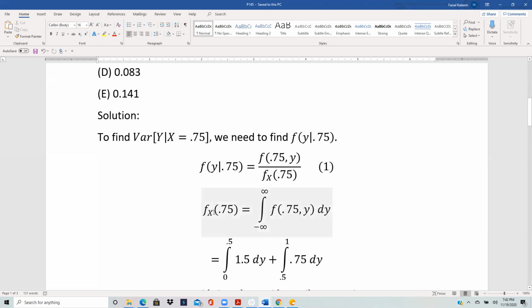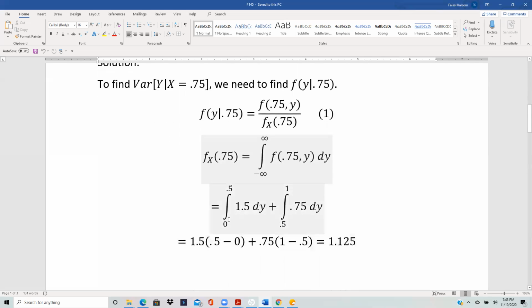So in general, fx of x will be the integral from negative infinity to infinity of f of x, y dy. But since we know that x is 0.75, I just put 0.75 in the x spot, and you integrate the other variable out. That is, you integrate the y out.